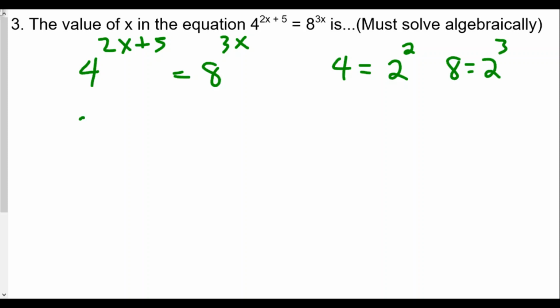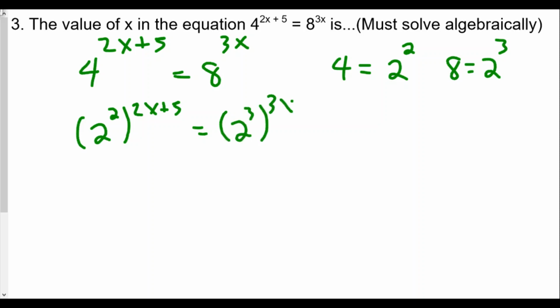So now we have 2 squared raised to 2x plus 5 equals 2 to the third raised to 3x. The goal is to get the two sides to have the same base, and we did.